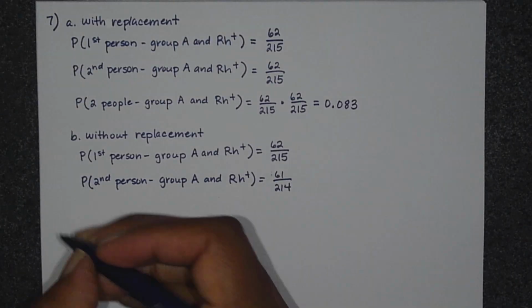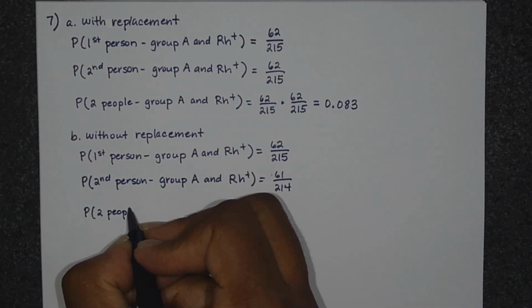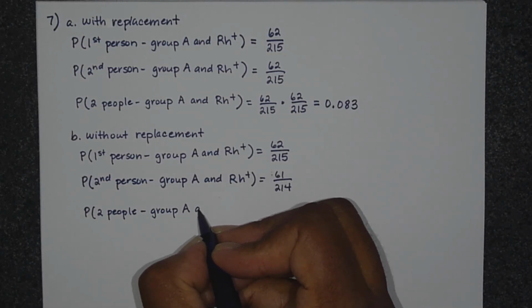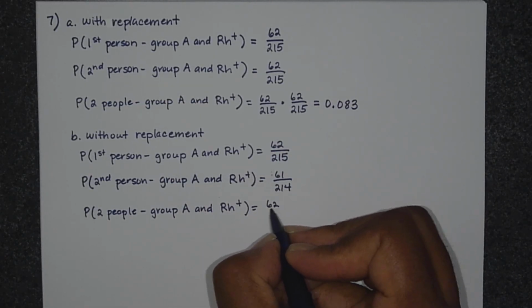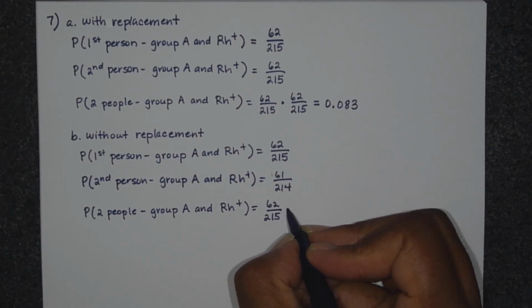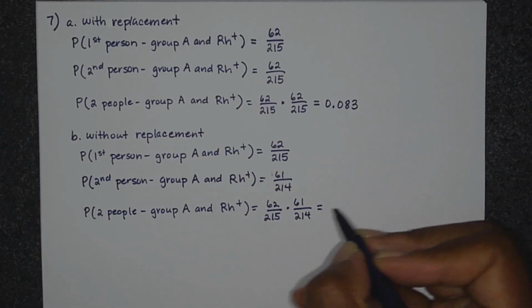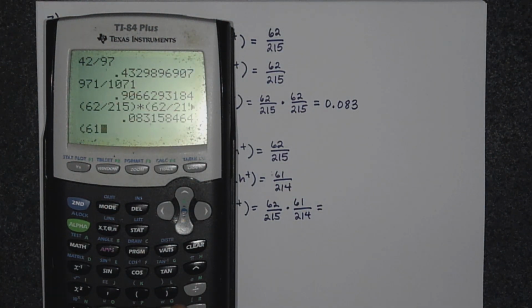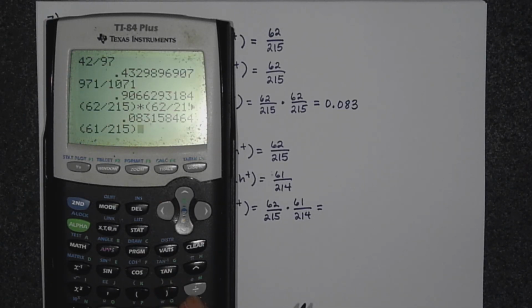And we're going to multiply these two together as well. So the probability that two people randomly selected are from group A and type RH plus: 62 over 215 times 61 over 214. Okay, and then times 61 divided by 214.